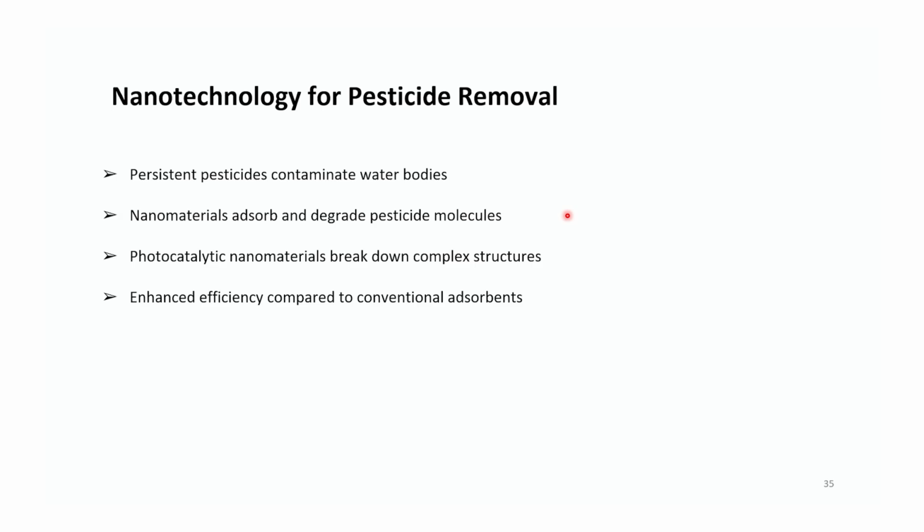Certain pesticides have already percolated through the environment, and they are already persistent in our water bodies. These have contaminated and they stay there. So nanomaterials will adsorb and degrade pesticide molecules.